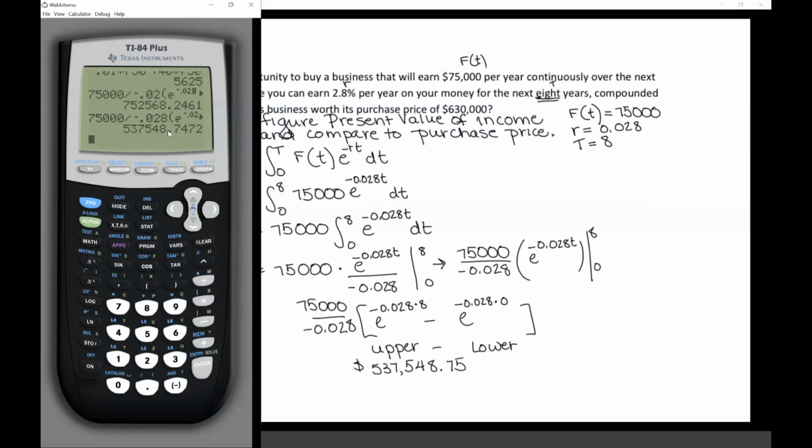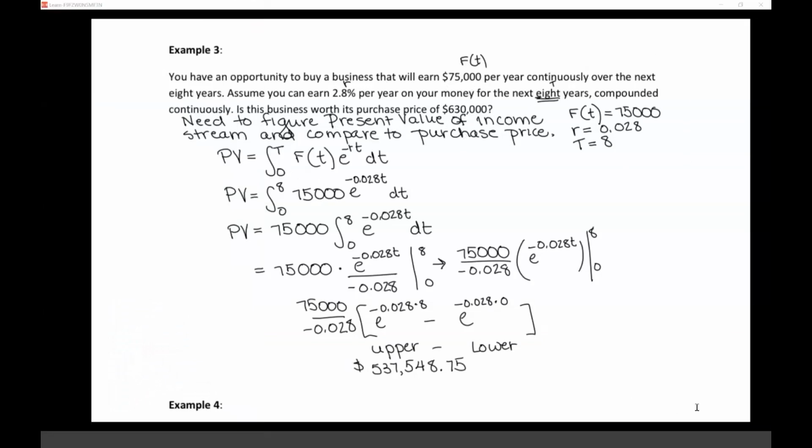So this is the present value of this $75,000 a year continuous income stream. Okay, so what does that tell you about the purchase price? Should you buy the business? What do you think? So again, this is the present value of that income stream.